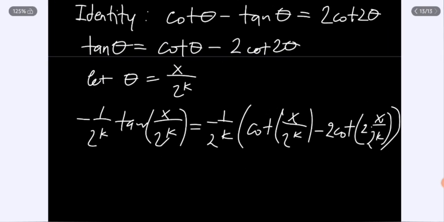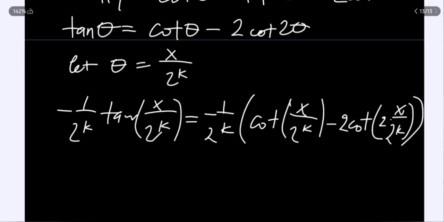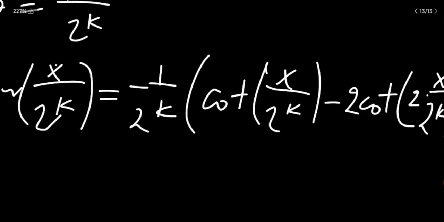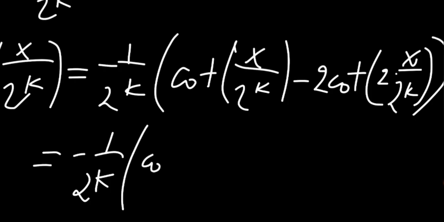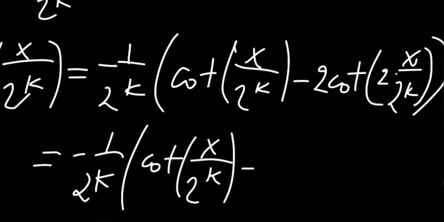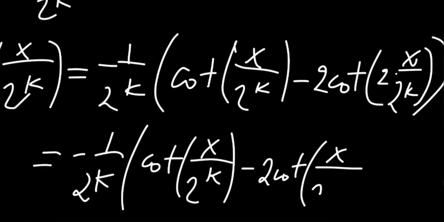Alright, so simplifying this one, we should get negative 1 over 2 raised to k cotangent of x over 2 raised to k, minus 2 cotangent of x over 2 raised to k minus 1, that's times 2 raised to 1 minus k, but if we rewrite it in the denominator, we get the denominator 2 raised to k minus 1.